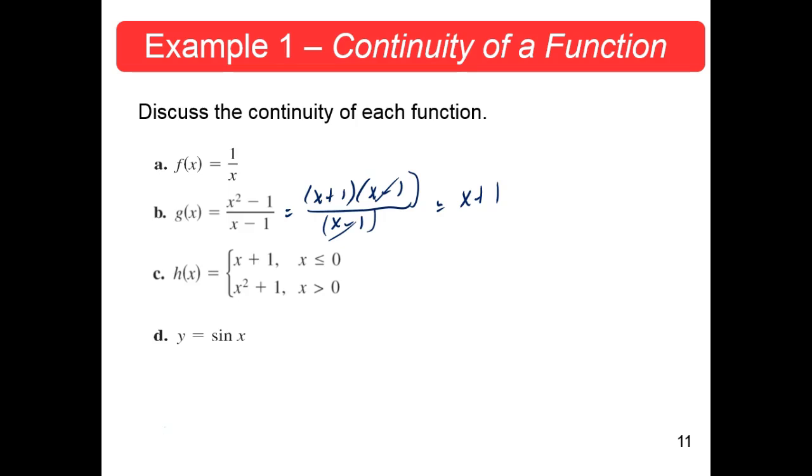So that's defined everywhere. Where's the only possible place? At x equals 0. What is the value here? 1. What's the value here? 1. That's going to be continuous everywhere, because even at the place where you might suspect the discontinuity, it has the same value.